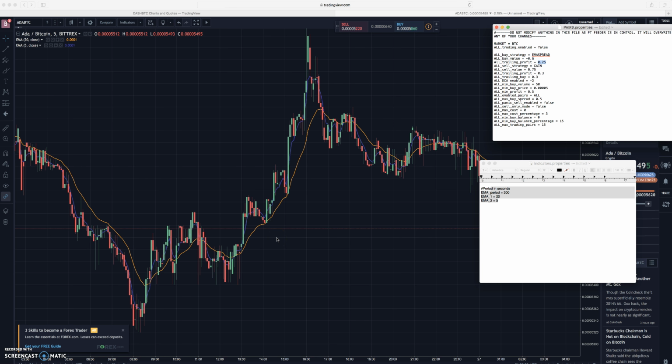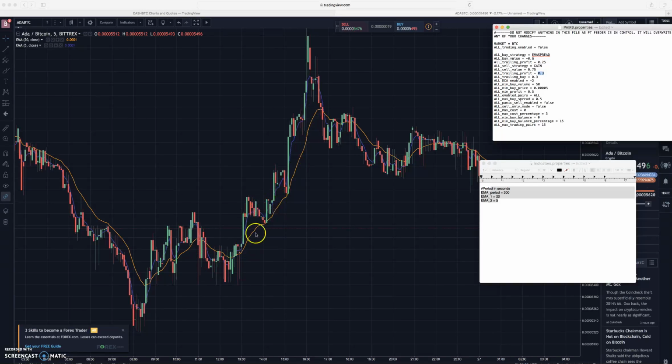And then you still have other settings, like all sell value. When it gets to 0.75% gain, then it's starting to look for a sale. And then you have this all trailing profit. If it continues upward past 0.75, it's going to continue to trail upward by 0.03. And that's what Profit Trailer is. It trails the upside.